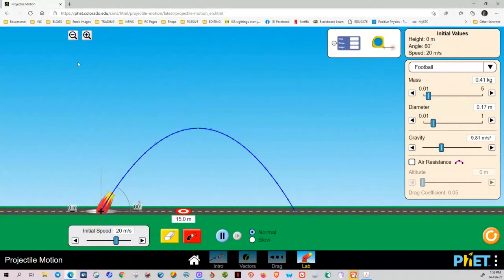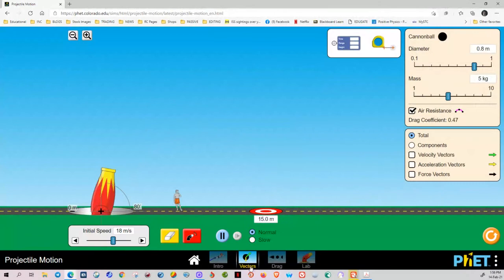There you go. And you will see that there is actually a way to understand the vectors that affect the projectile. Remember, I told you the x and the y components of the initial velocity are independent of each other. If we go to vectors down here, and then we click velocity vectors, and we fire our projectile at any angle, you will see that it will show you the vectors.